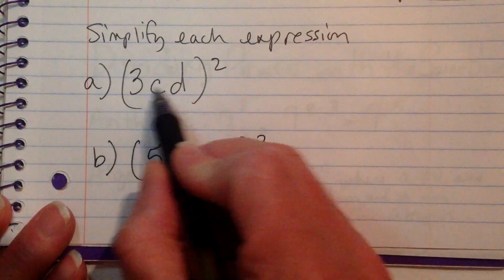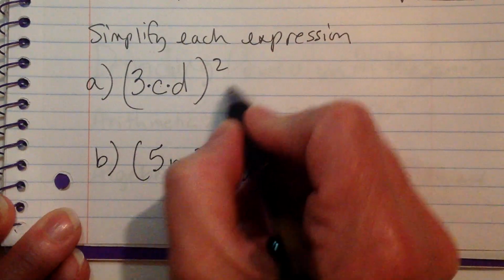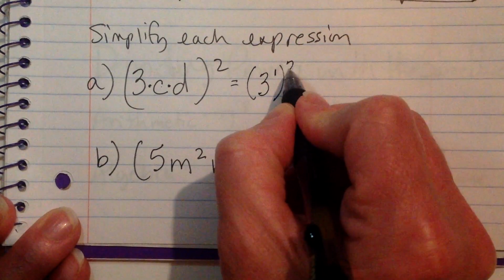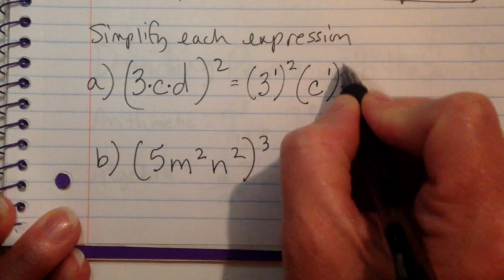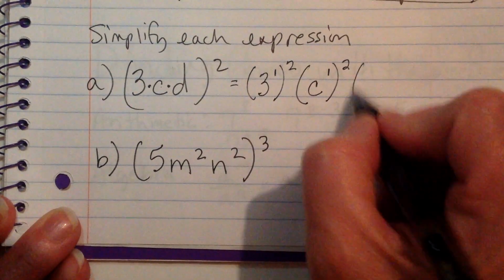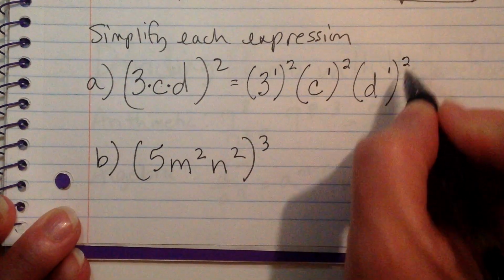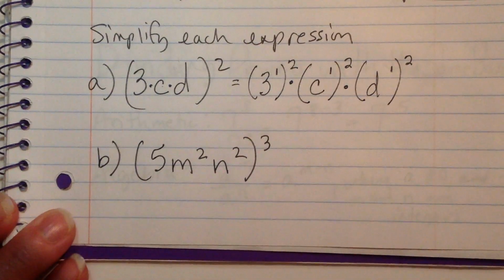So I have several terms. This is 3 times C times D. So I'm going to take 3 to the first power and raise it to the second. I'm going to take C to the first power and raise it to the second. And I'm also going to take D to the first power and raise it to the second power. Each one of these multiplied together.